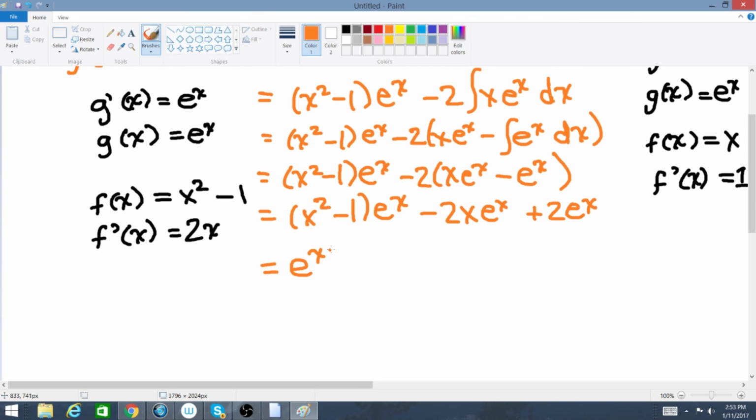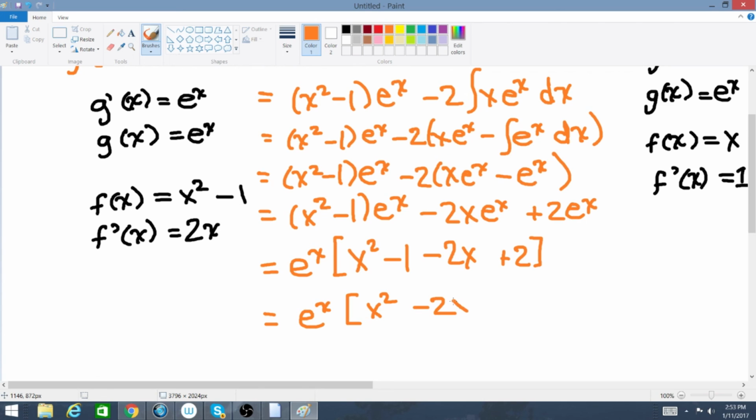So we have e to the x times the bracket x squared minus 1 minus 2x plus 2. Now we can collect these like terms, so let's write that out as well. e to the x times x squared minus 2x plus 1. And finally, we have to add the constant, plus c.